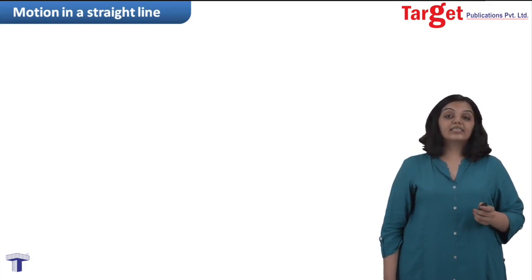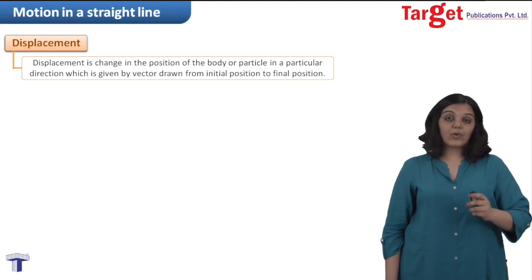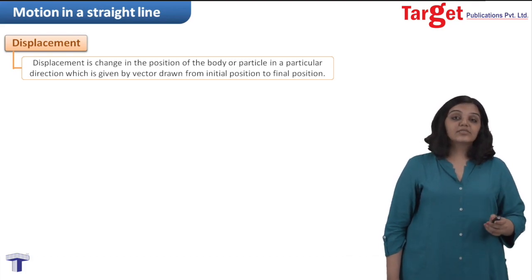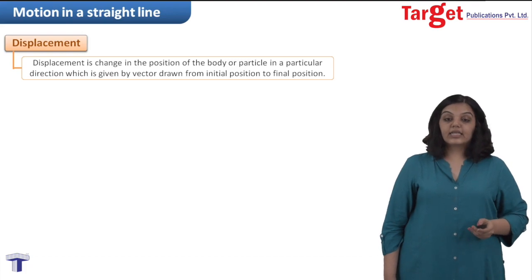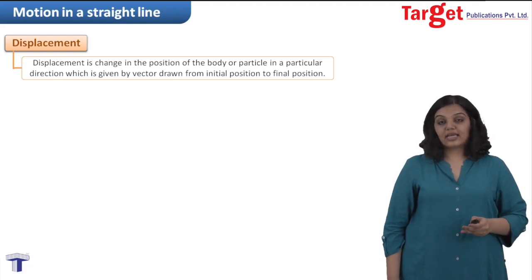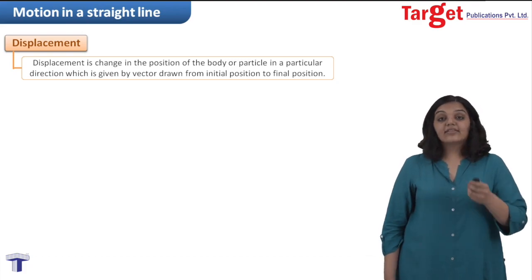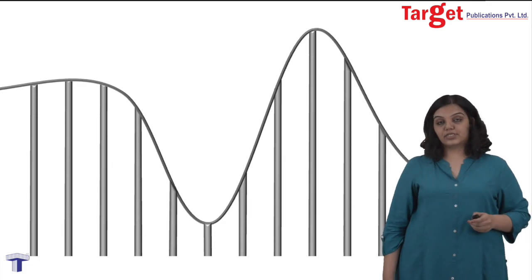Displacement, on the other hand, is a different quantity than distance in this exact way: it is not a scalar quantity. Displacement is a change in the position of the body or particle in a particular direction. That's why we say displacement is a vector quantity, and this vector is drawn from the initial position to the final position.